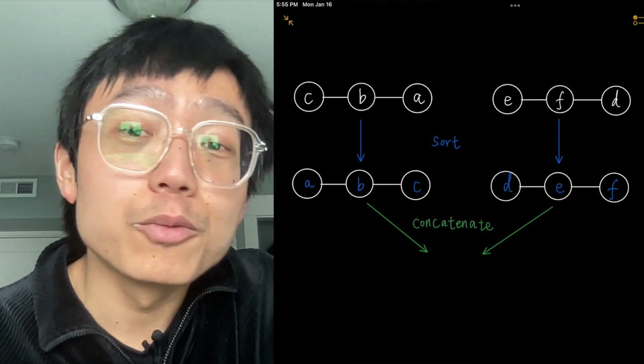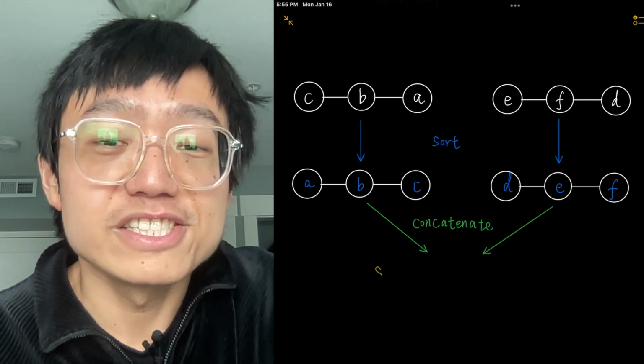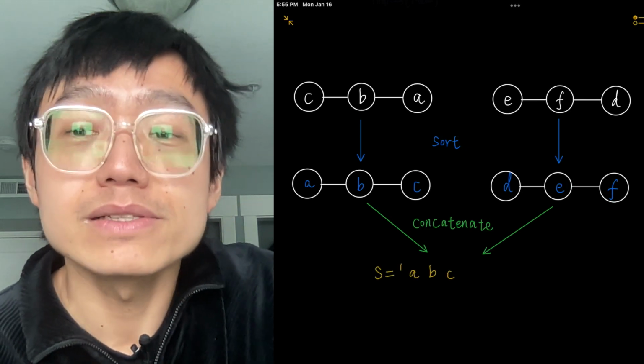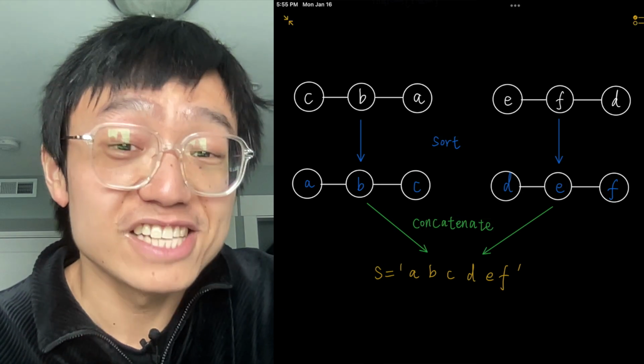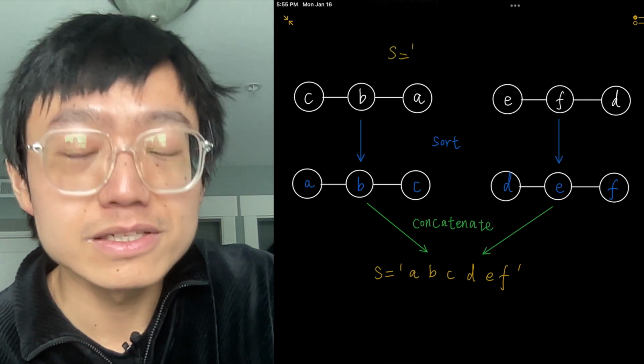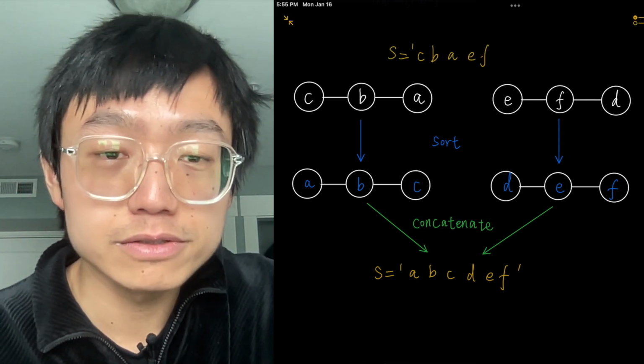Sorting the characters within each connected component doesn't change the positions of the components, but it does change the relative positions of the characters within each component.